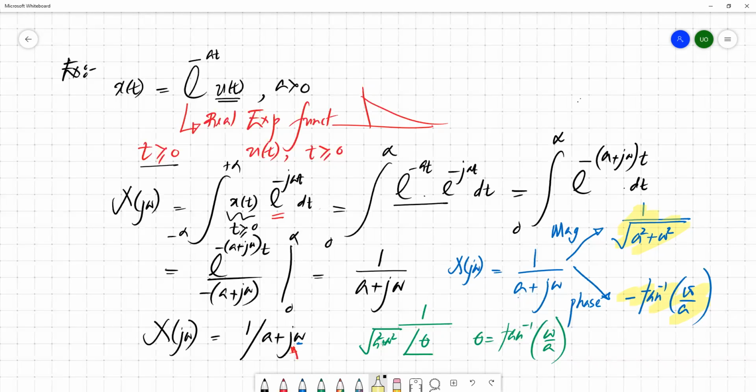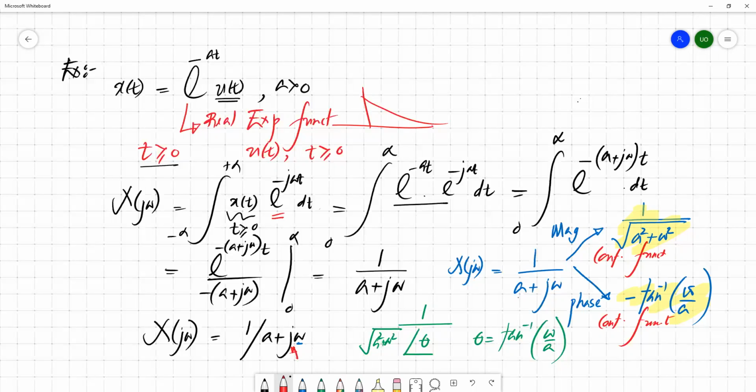But at the end of the day, you can simply claim that this is a continuous spectrum, and the phase is also a continuous function. If it is a Fourier series, we'll end up with a discrete magnitude spectrum and a discrete phase spectrum. But if it is a Fourier transform, you basically end up with continuous magnitude and phase spectrums.